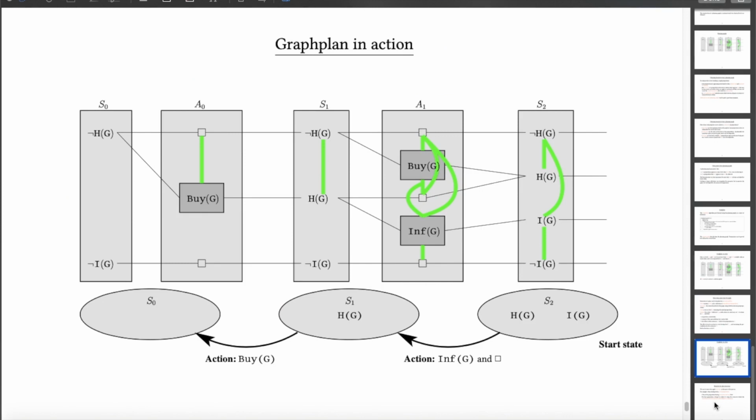At this point we can try and extract a plan because S2 contains both of the propositions that are required by the goal of the planning problem. Okay. Now this slide is divided. At the top we have the planning problem in the form of the planning graph, and at the bottom we have the intelligent search problem that's extracting a plan from the planning graph.